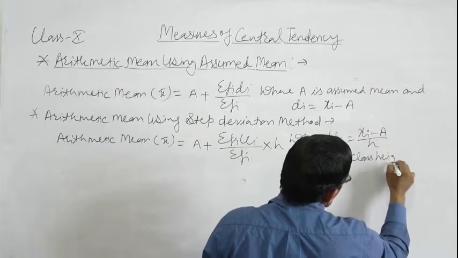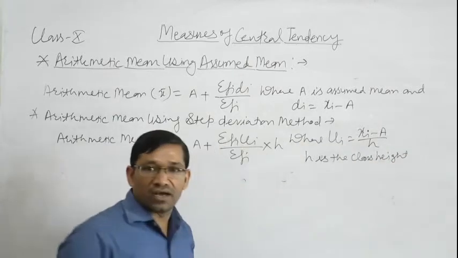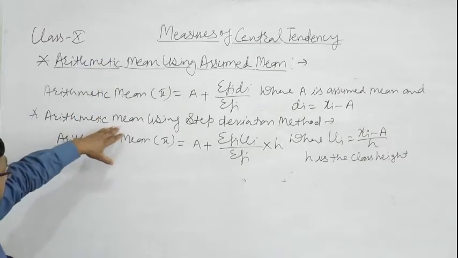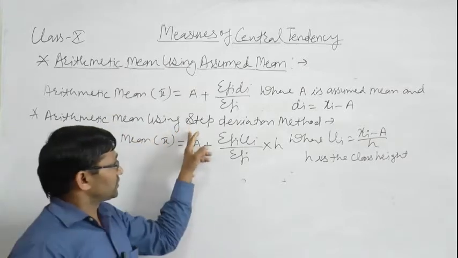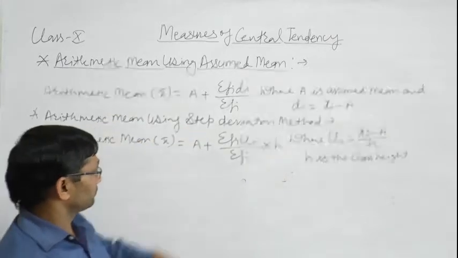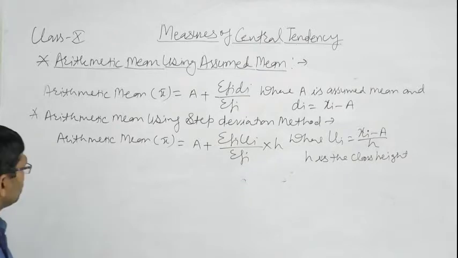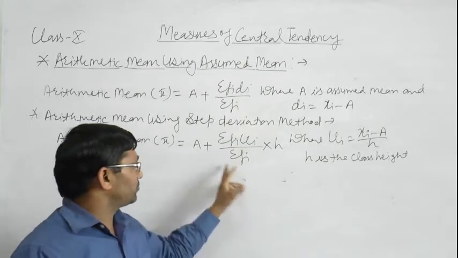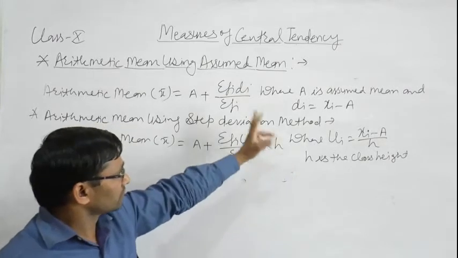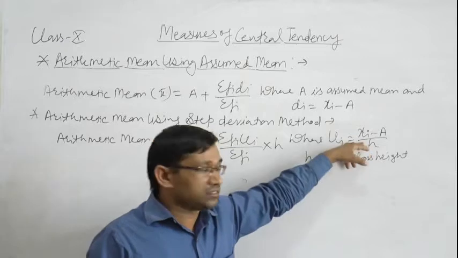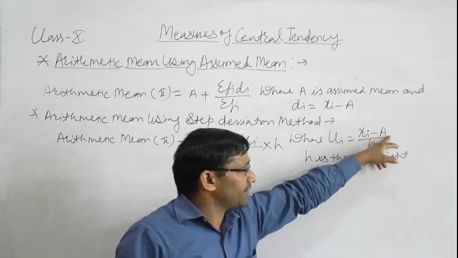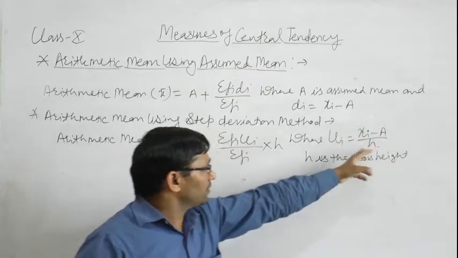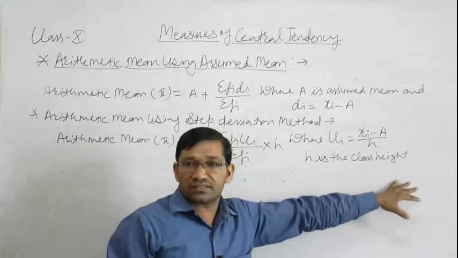H is the class height of the class. When finding arithmetic mean using the step deviation method, we use the formula arithmetic mean is equal to a plus sigma fi ui upon sigma fi multiply h, where ui is equal to xi minus a upon h, where a is also the assumed mean and h is the class height.